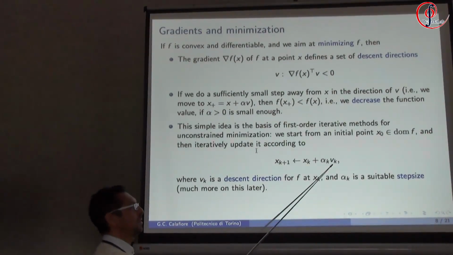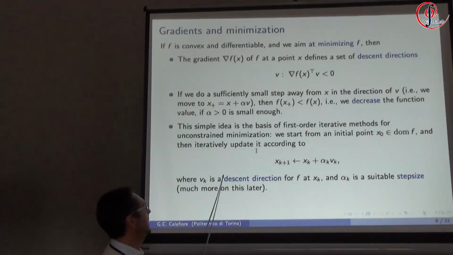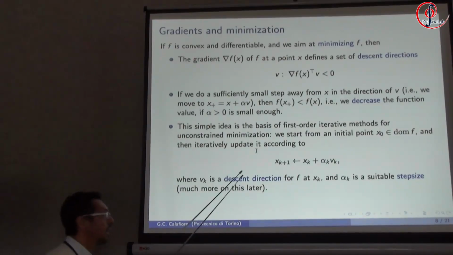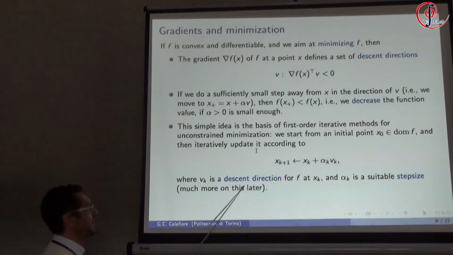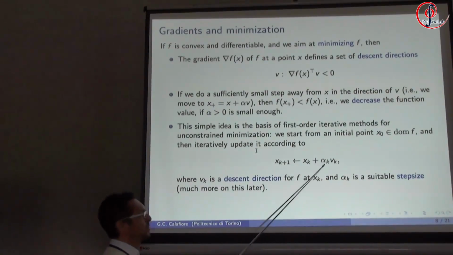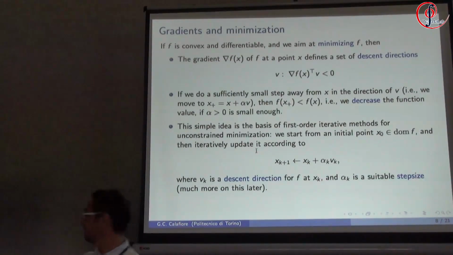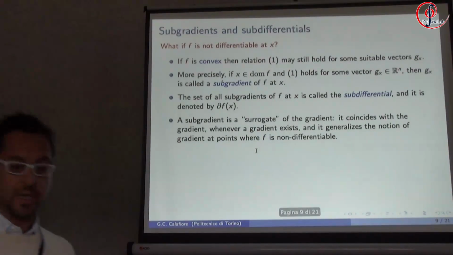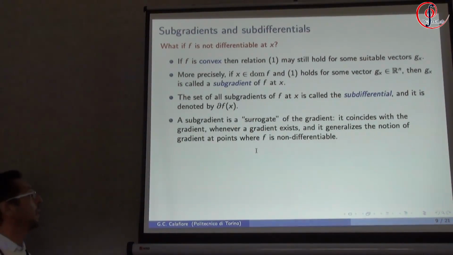Given the current point, we take vk as a descent direction, so we use the gradient, for instance, to make sure that vk is a descent direction, and then we choose a suitable step size alpha k, and we update the current point with the new point, and we go on like that. This way, there is some hope that we actually will eventually minimize this f. We will see why this is true.